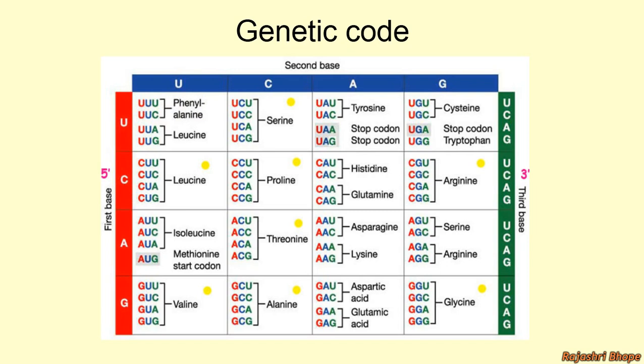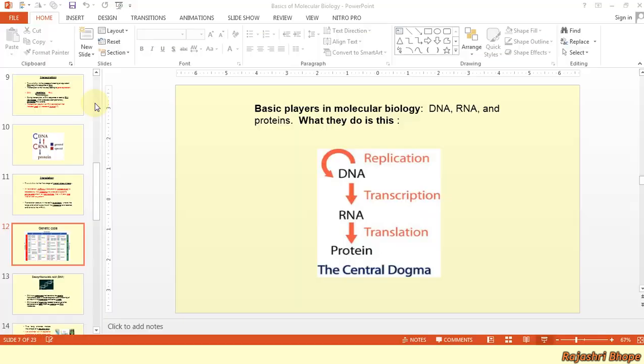Our ribosomes bind to the mRNA, read this triplet codon and bring amino acids one by one, joining those amino acids with the help of peptide bonds, and the polypeptide chain of the protein is synthesized, which is further folded so that the protein can work. Okay, so this was about the central dogma.